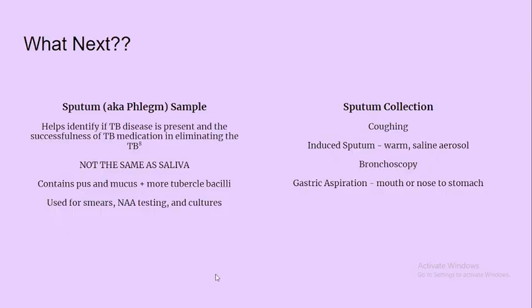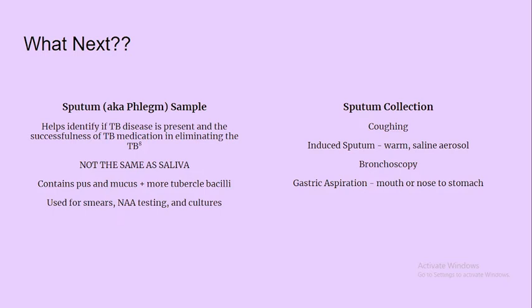Okay, so after that, sputum samples are taken, also known as phlegm, and it helps identify if TB disease is present, and is also used to determine the success of a TB medication in eliminating the TB. It's not the same as saliva.